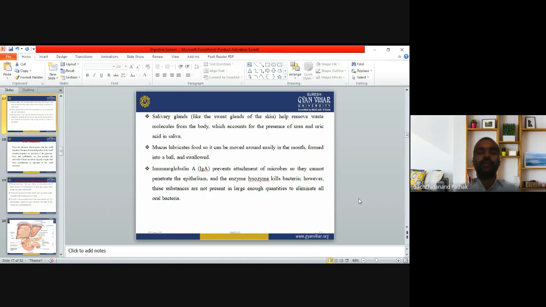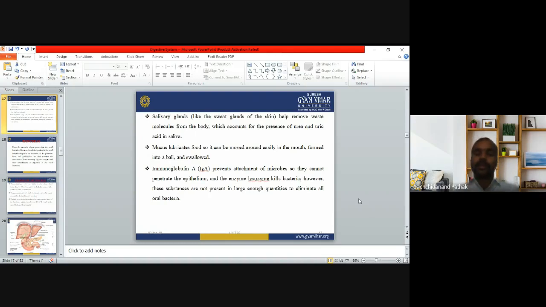When we are eating something, it can be infected. It can have some bacteria, some infection in the food. We don't know which type of food we eat. So the food contains some bacteria, and when we eat it, immunoglobulin A prevents the attachment of microbes to our epithelial layer, so they cannot penetrate and go into the body.